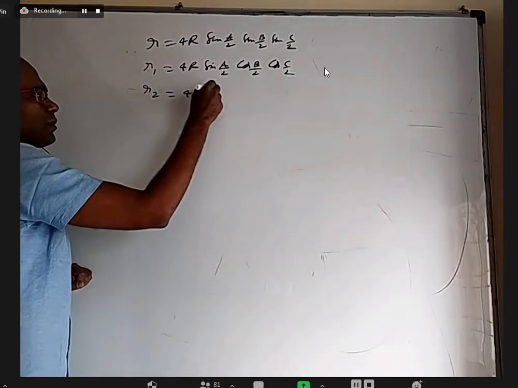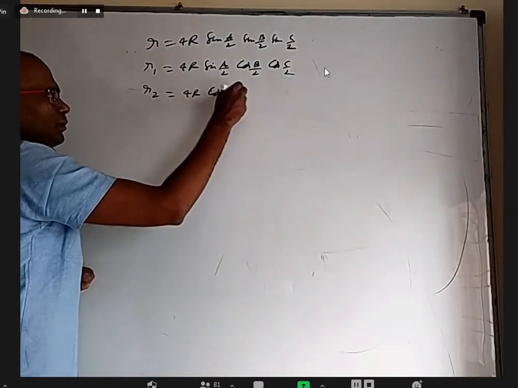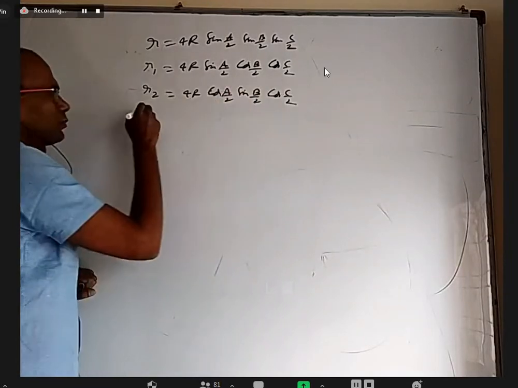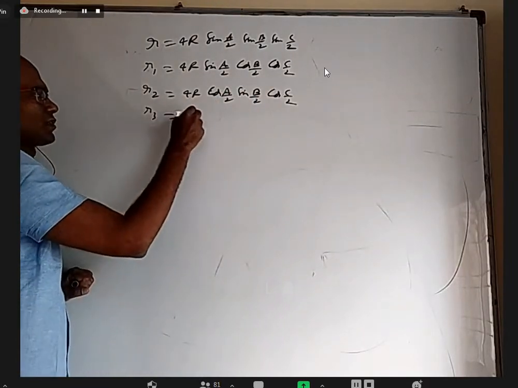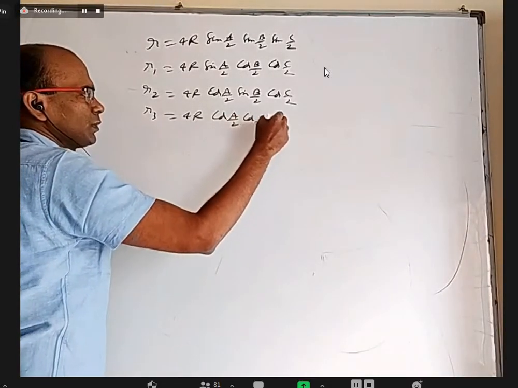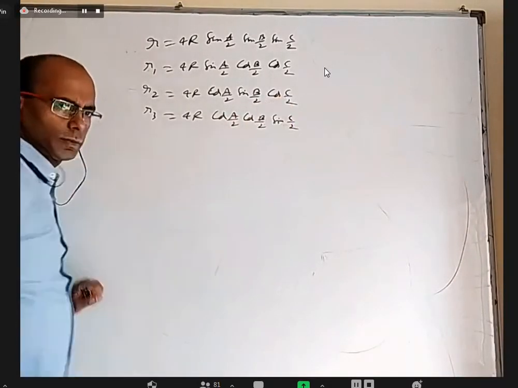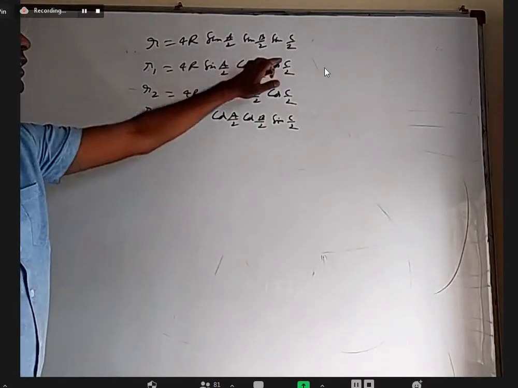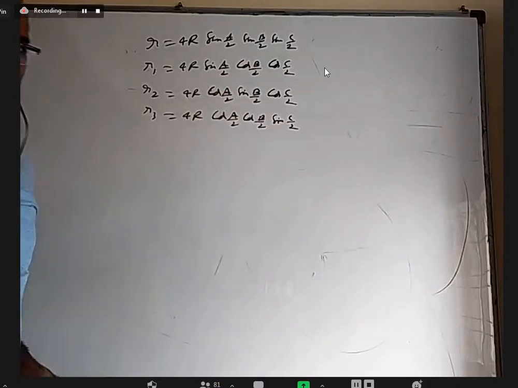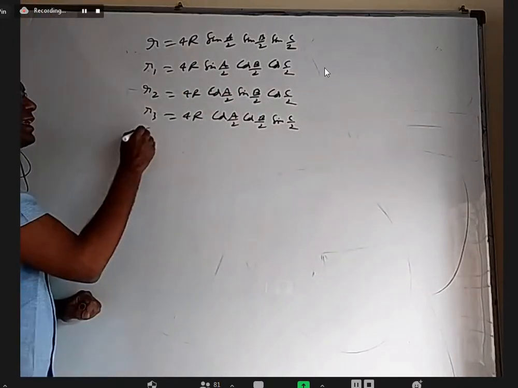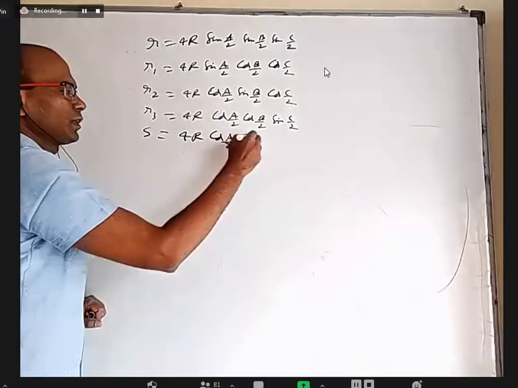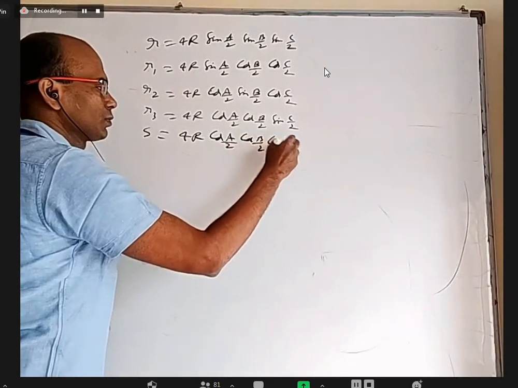R2 is 4 capital R cos A by 2, sine B by 2, cos C by 2. And R3 is 4 capital R cos A by 2, cos B by 2, and sine C by 2. Here all are sine. Here A is sine, here B is sine, here C is sine, and the other two are cos. Anyway, in similar lines, S also will come 4 capital R cos A by 2, cos B by 2, cos C by 2.